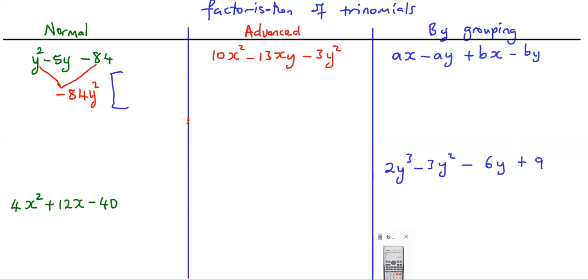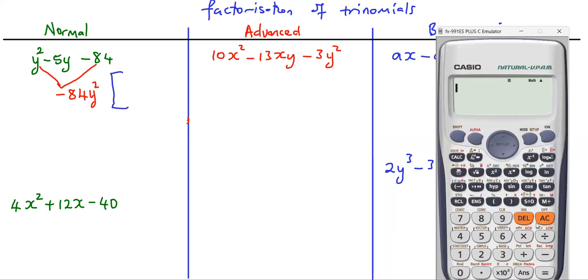Let's try to check something here. If we are to find the factors of 84, 84 equals, then you say shift fact, and you can see that it is 2 to the power of 2 times 3 times 7.